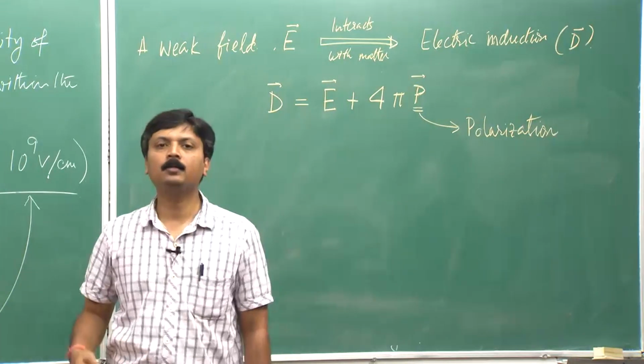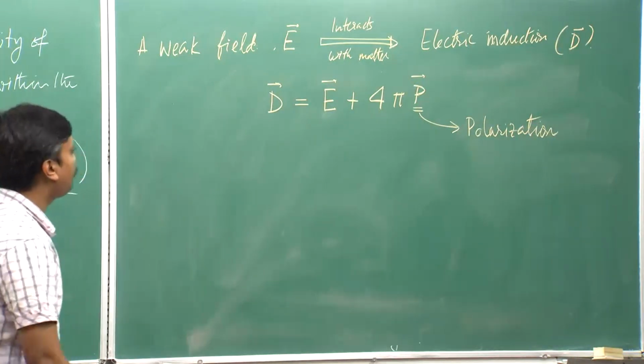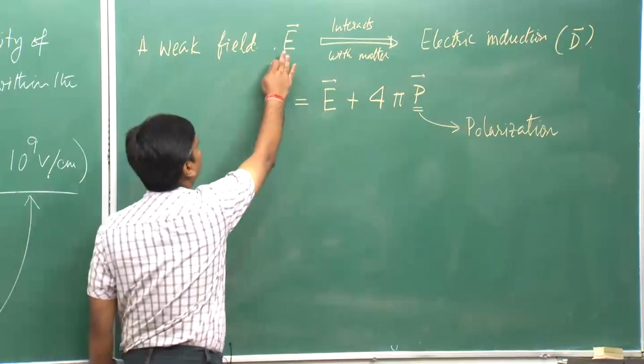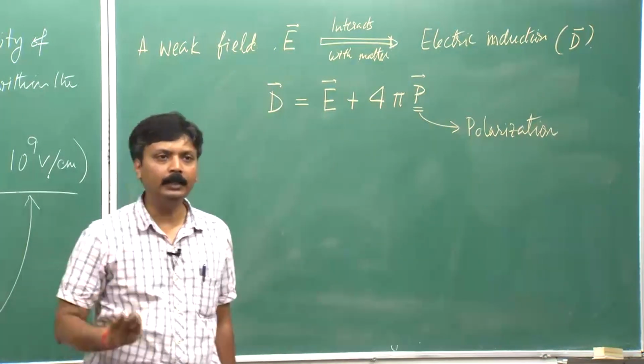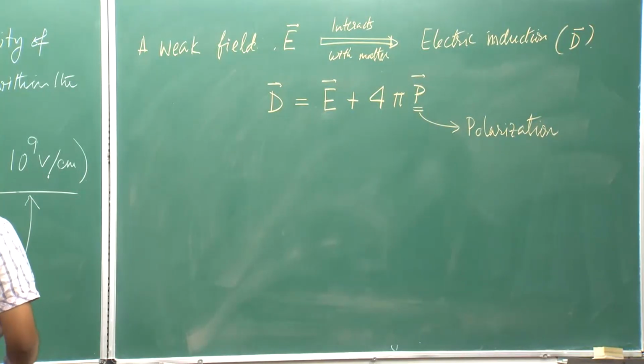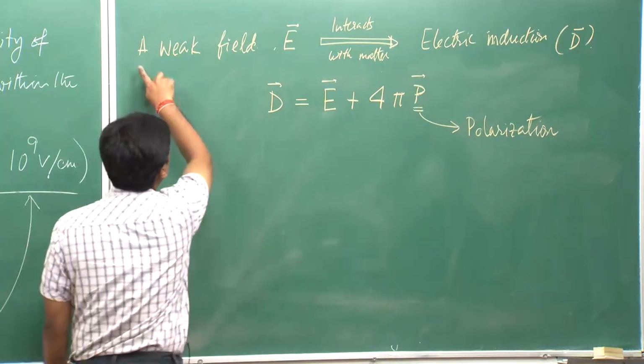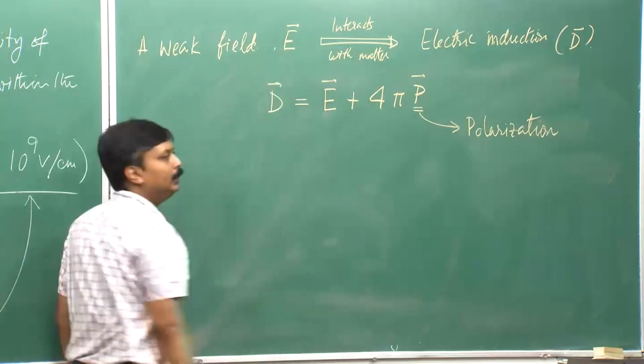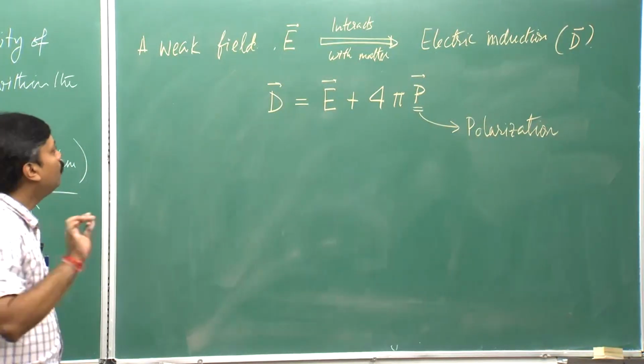That is created in the material by this incoming light field E. All right. Now, if it is really a weak field, that means E is small, what do we have?